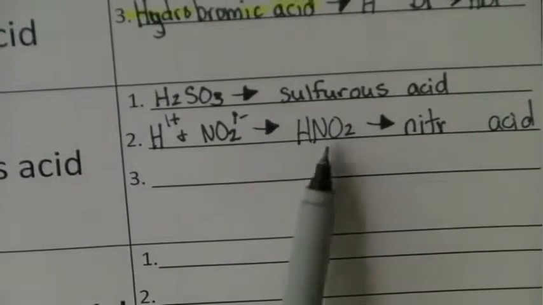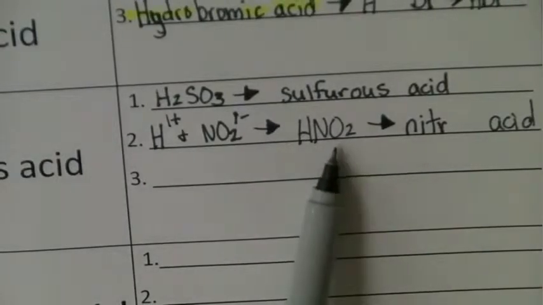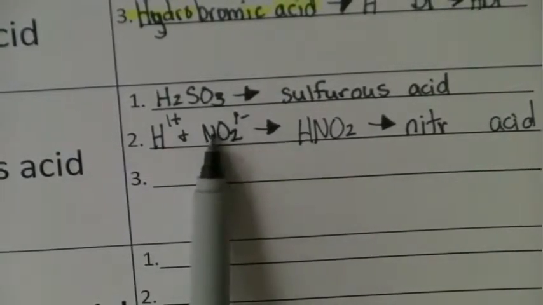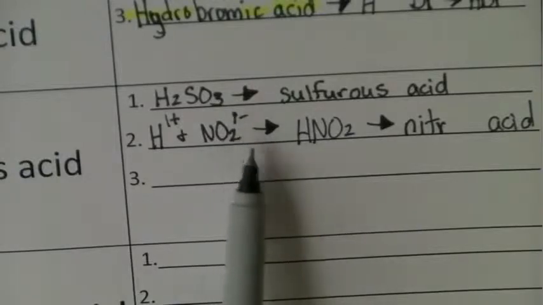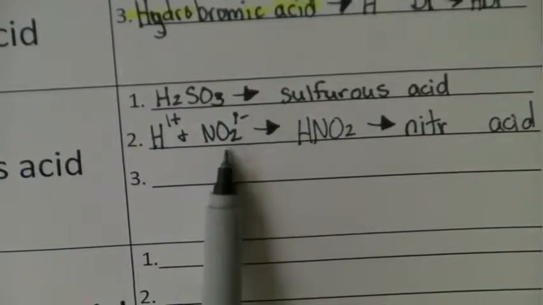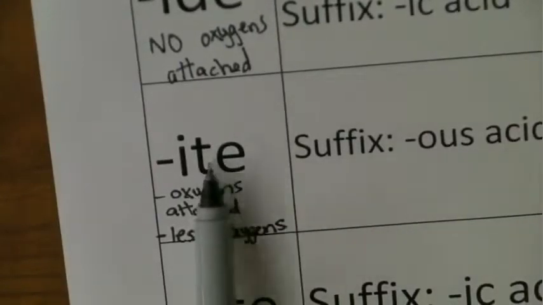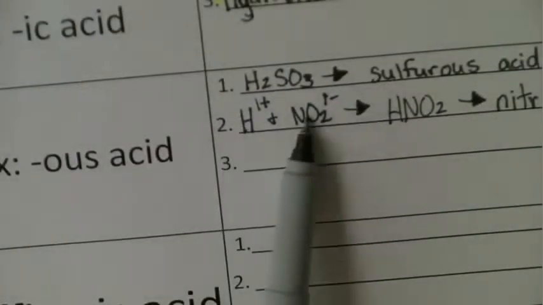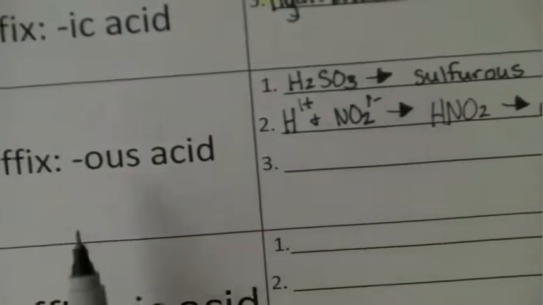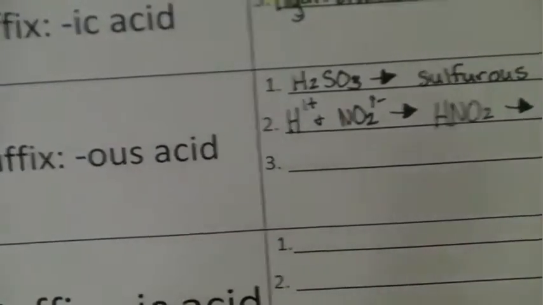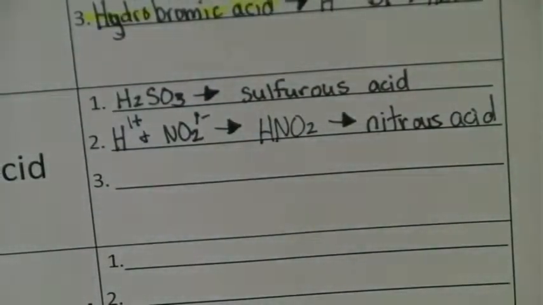And then we know this is nitrite. NO2 with a -1 charge is nitrite. I-T-E. So if this is hydrogen and nitrite, then we are going to call it nitrous acid. Nitrous acid would be the name of this.